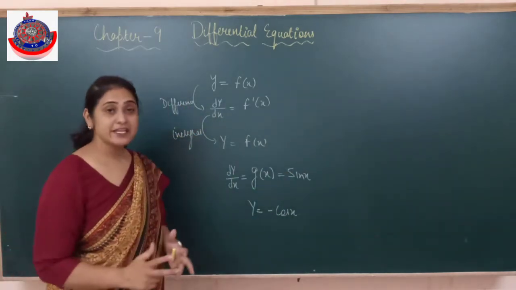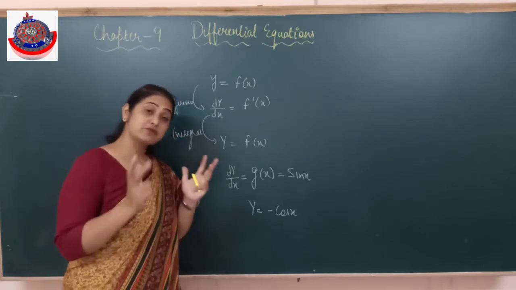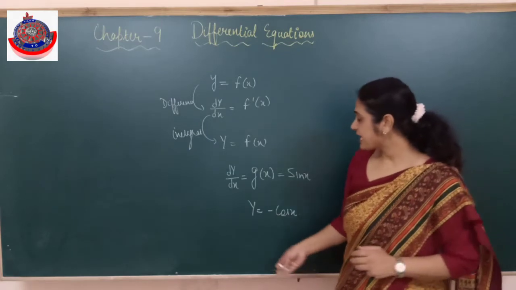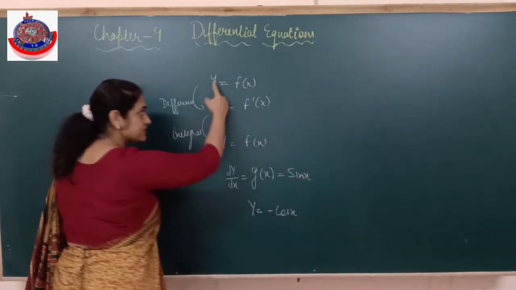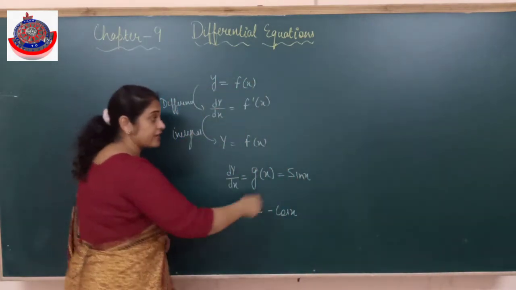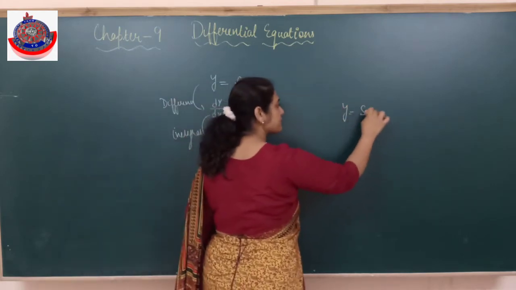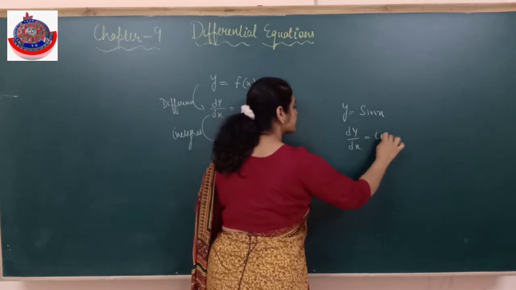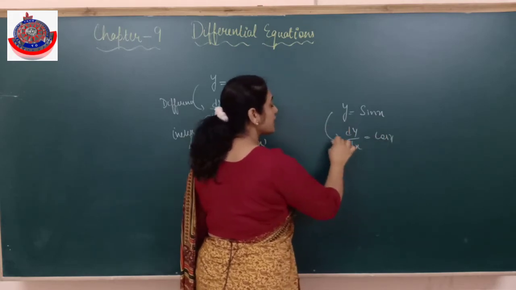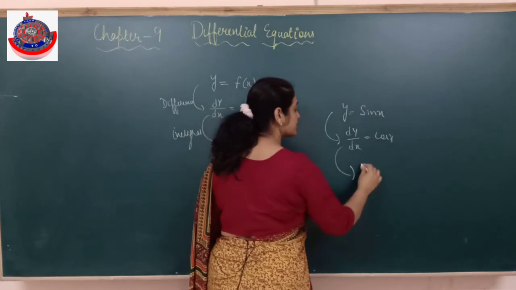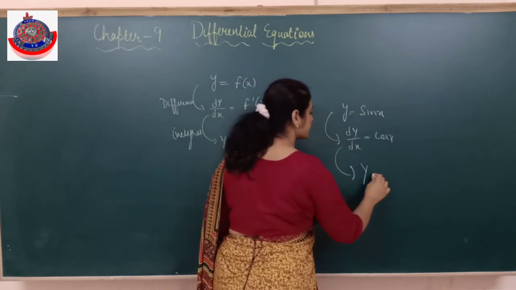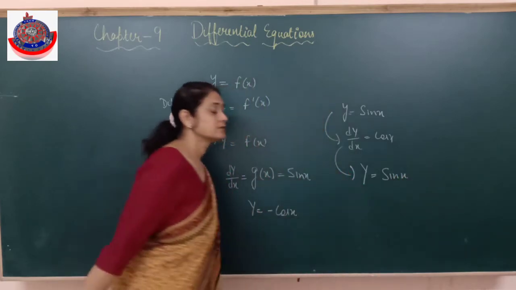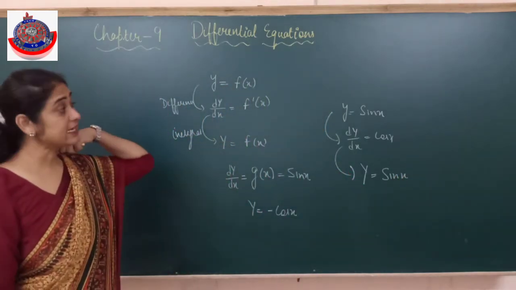That means in integration, the derivative was given because it was an anti-derivative, and we found the function. So we were integrating it. In differentiation, like y is equal to sin x, we got dy upon dx is equal to cos x. In integration we integrate dy upon dx and get y equal to sin x. Is it clear?